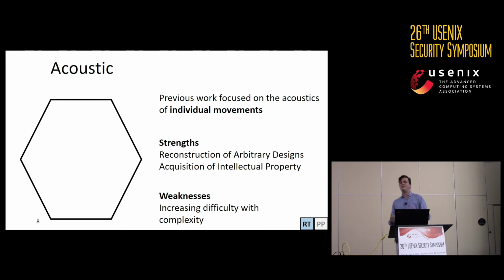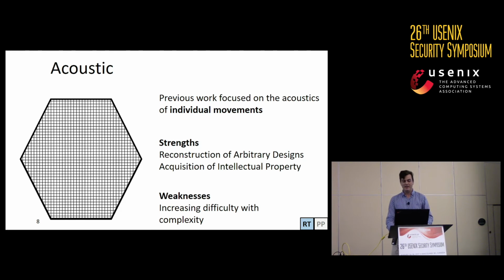And so we turn that around and we say, instead of training on the motions of the printer itself, we want to take a holistic approach and ask, what is the acoustic signature of the entire print from beginning to end, including complicated infill structures, which may be more difficult to track if you're just asking what back and forth sounds like, front to back?